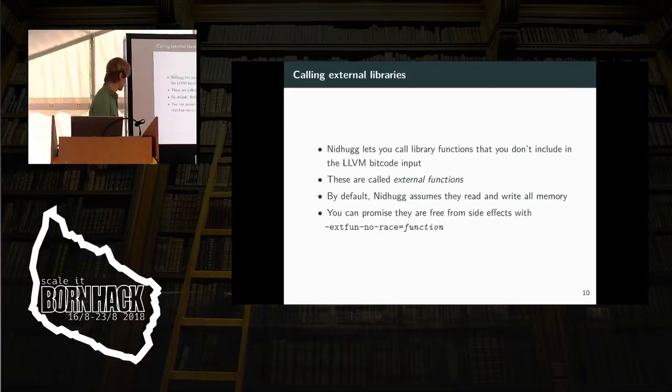You can avoid this by promising to Nidhugg, and of course, if you break your promise, then Nidhugg will not give you any guarantees anymore, that this function has no side effects. It will not change its behavior if it's reordered with something, and it will not touch any memory.